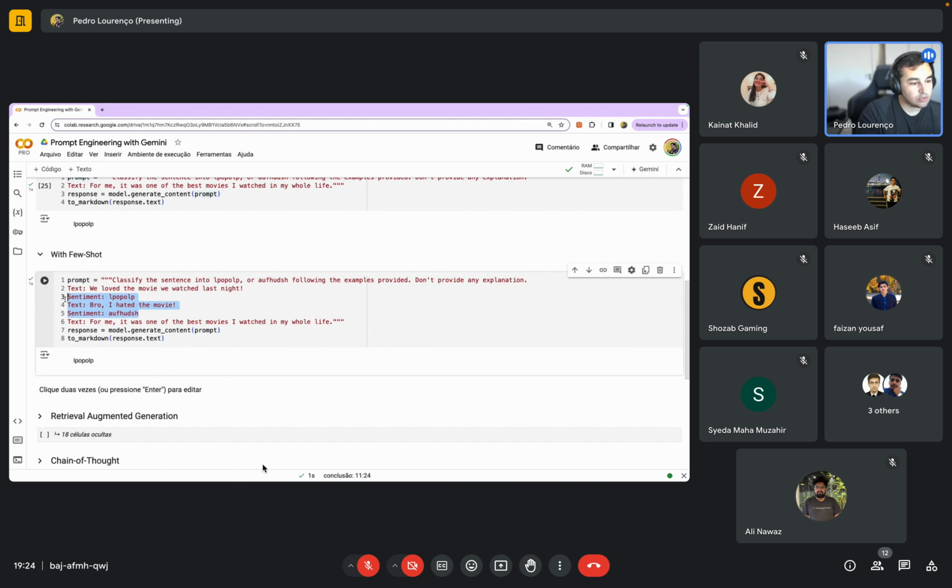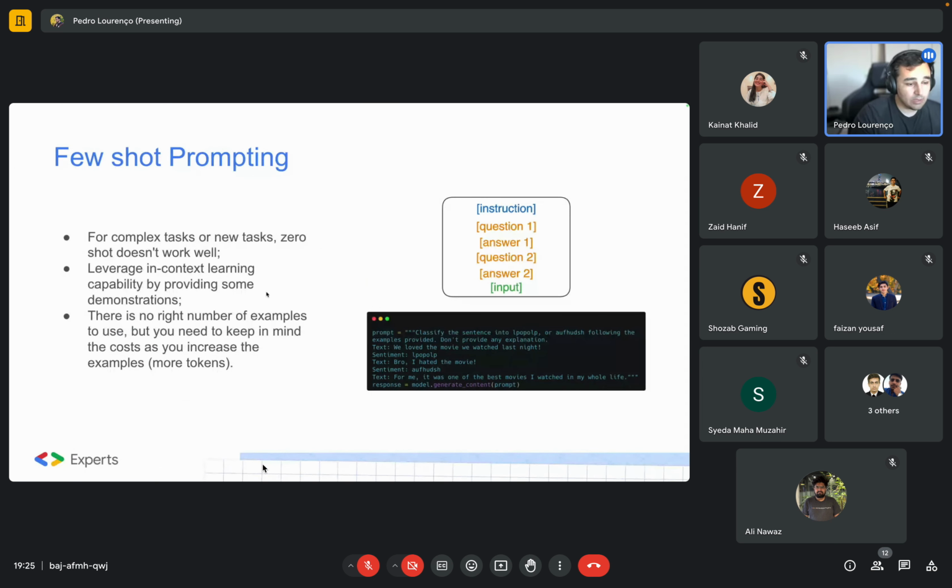So few shot is very useful for scenarios where you have some uncommon texts and also new ones. But you might be asking yourself, how many examples should I use? There is no right number of examples. You need to try. Sometimes it works with 3, sometimes with 30, and it depends on your use case.